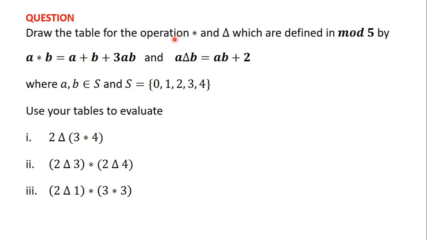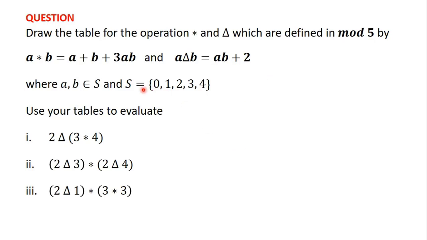Note that the operations star and delta are defined in mode 5. So we are going to use the definition for star and delta to draw a table for the set 0, 1, 2, 3, 4 in mode 5.